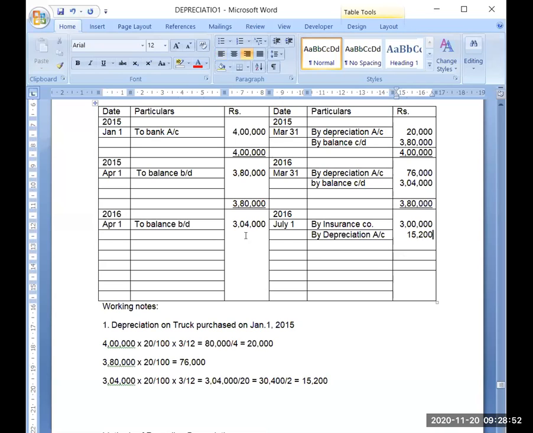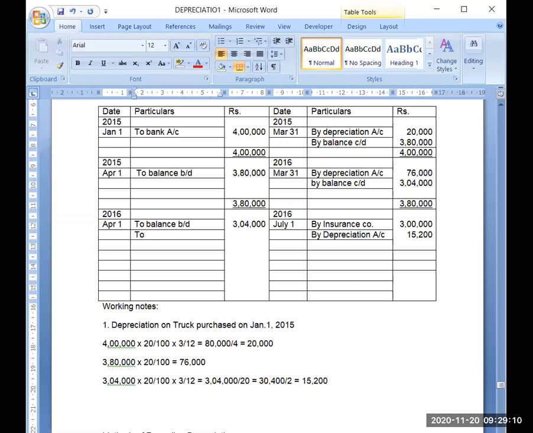Now, because a single truck is there, we can directly see that this value is 3 lakh 4,000, and if we deduct both of the amounts, then we will be having a profit on disposal of this truck.